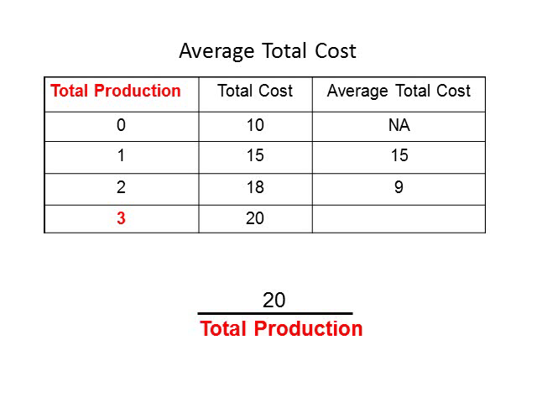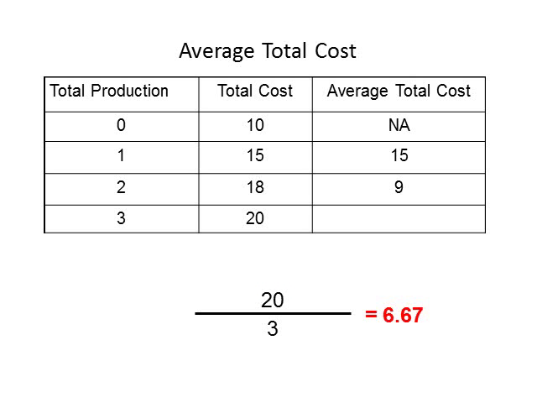Locate the total production on the table and in the formula. Notice the amount of printers produced is 3. Next, substitute in 3 for the total production in the formula. Next, divide $20 by 3, which is equal to $6.67, rounding to 2 digits. Next, transfer the $6.67 to the fourth row of numbers in the table.